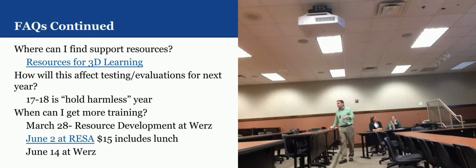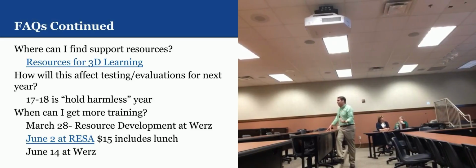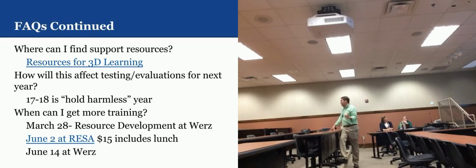If you are concerned about assessment affecting your evaluation next year, it is hold harmless. So it will not be factored in because it is a rollout year. So 5th grade teachers, while your students will take it and we will get data from them, it'll be much more lagging data. We won't see the results till much later because we'll have to go through the process of setting the cut scores, and that will happen in September.